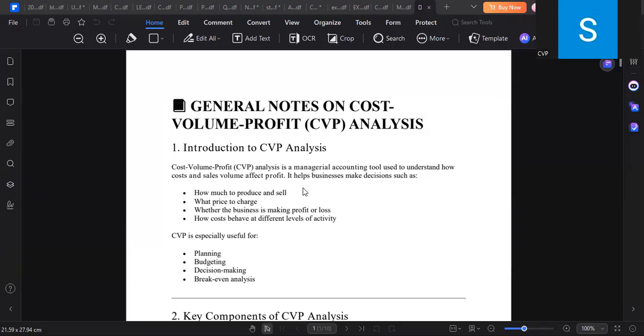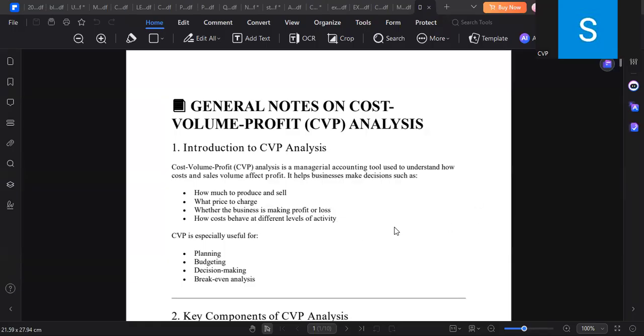So this technique helps businesses to make decisions about how much to produce and how much to sell, what price to charge, whether the business is making a profit or a loss, and how costs behave at different levels of activity. So CVP is very useful when you're dealing with planning, budgeting, decision making, and break-even analysis.